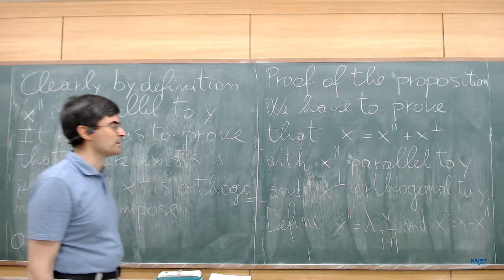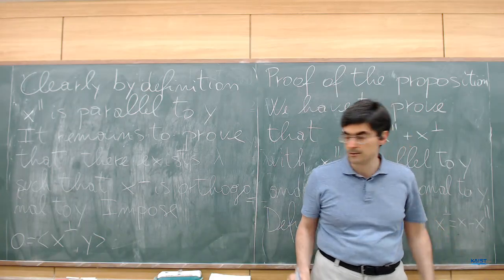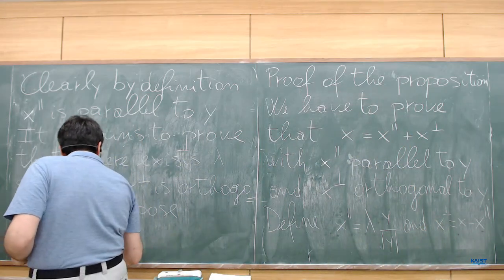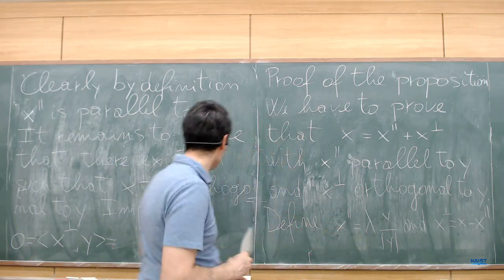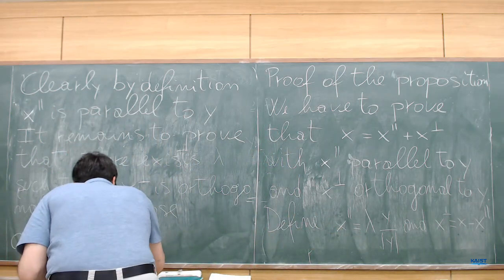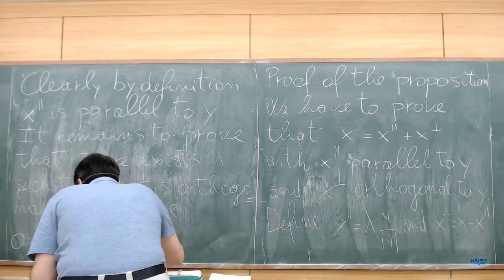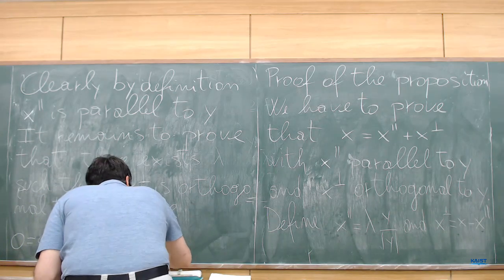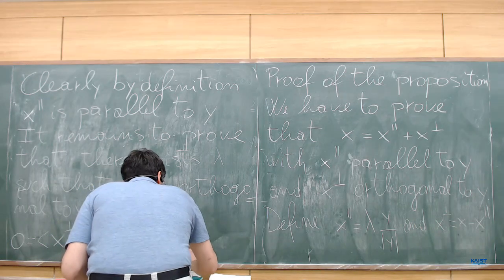X orthogonal is defined as the difference between x and x parallel, and the x parallel is given by this formula. So we can write x minus lambda over length of y times y, multiplied by y.